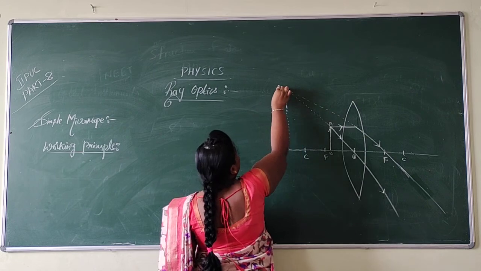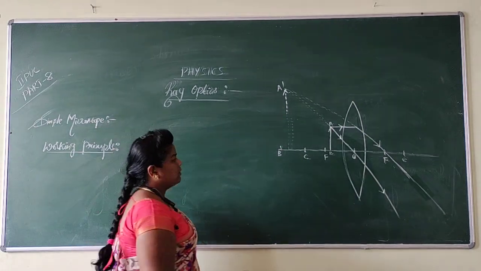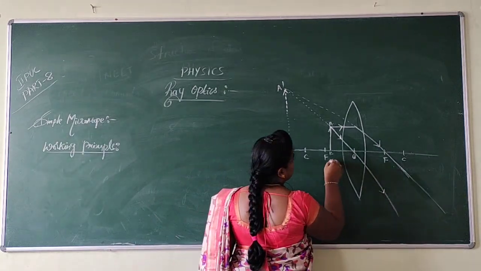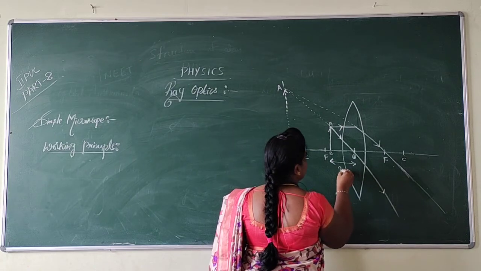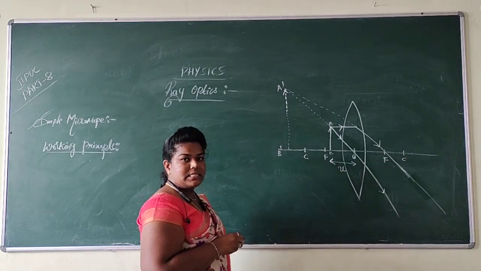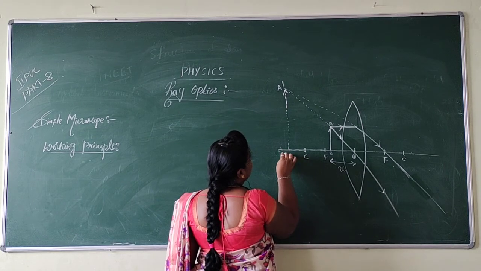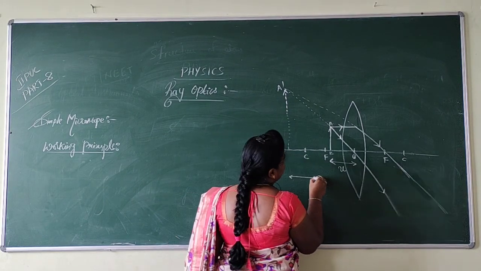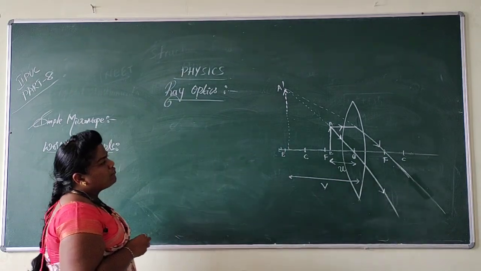This is the image, and I am going to name it A dash B dash. Observe that the distance between the object AB and the optic center is called the object distance, represented as U. The distance between the image and the optic center is called the image distance, represented by V.